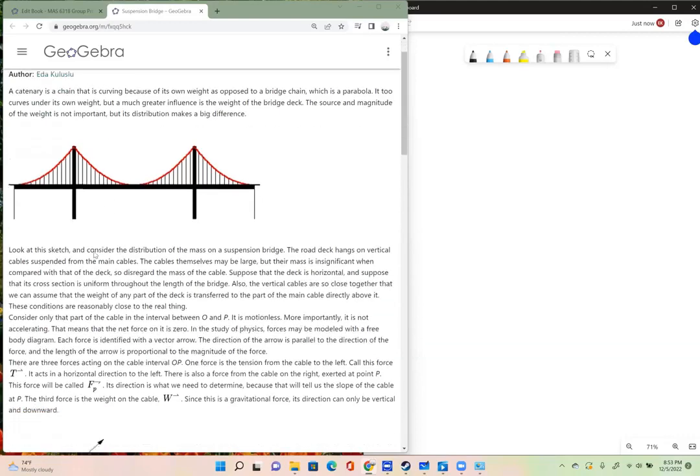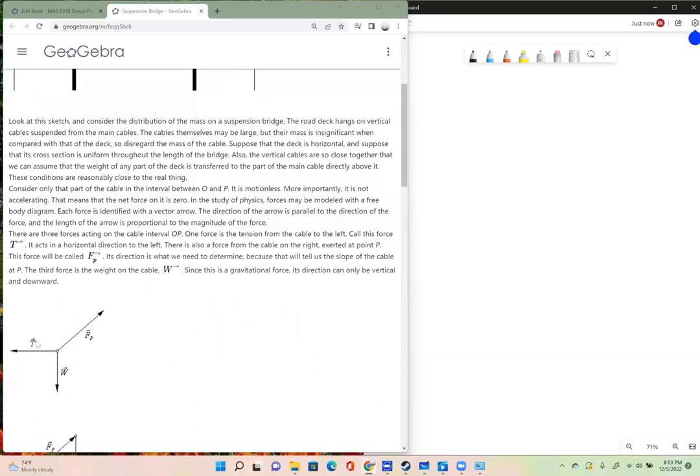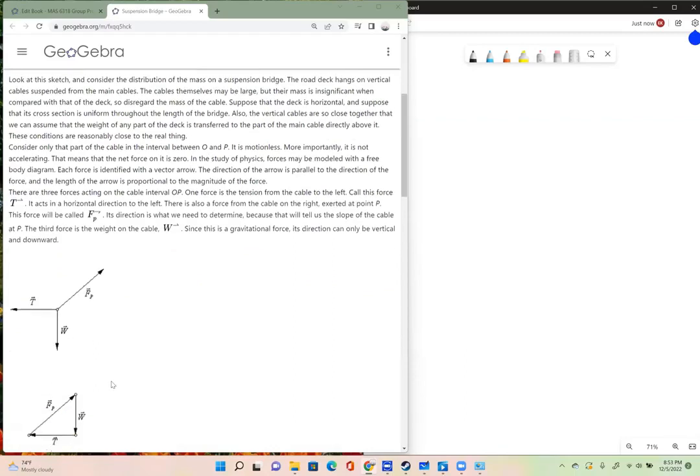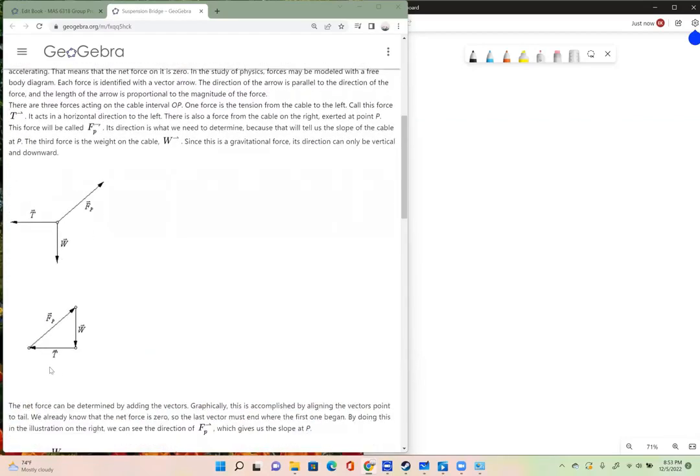But they set up a point on our quadratic and model the weight using vectors and rearranging the vectors into a triangle like so.